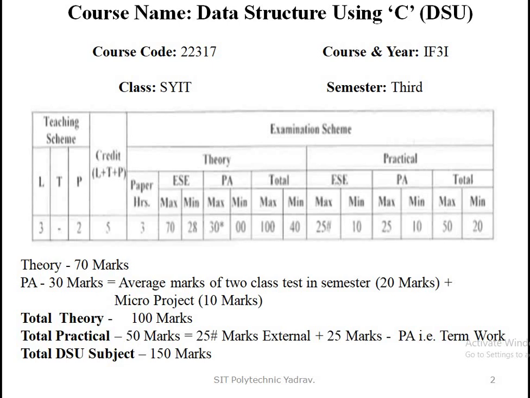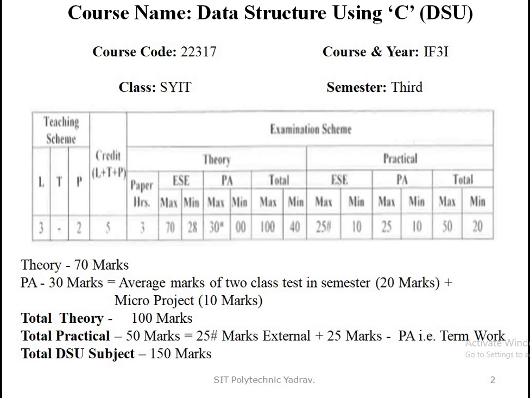In theory, ESE means end semester exam, and PA means progressive assessment. End semester exam means your final written paper. Out of 70, you must obtain 28 marks. Next, PA, that is progressive assessment, in that we take the average marks of 2 class tests in the semester, 20 marks, and micro project 10 marks.